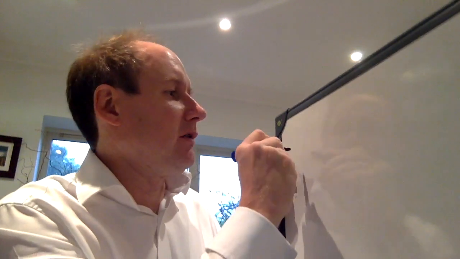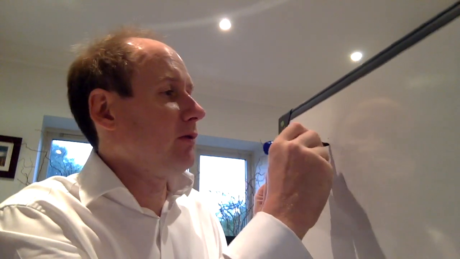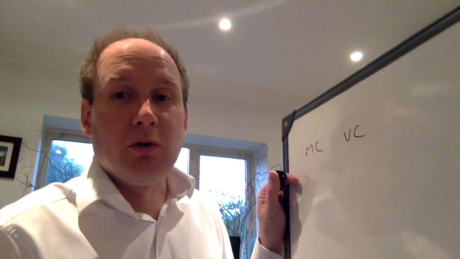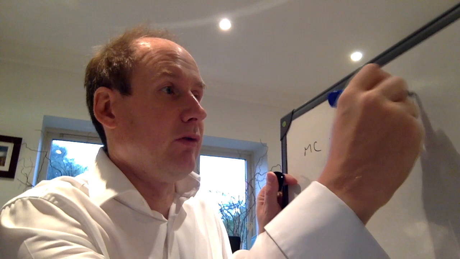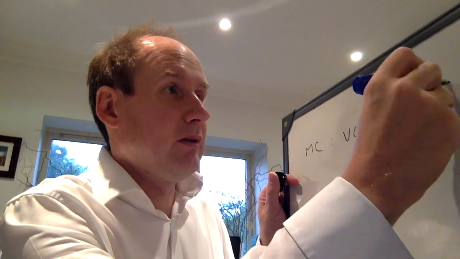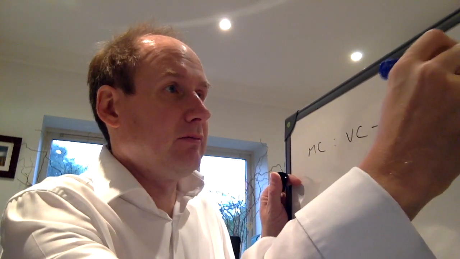Okay, where we left off last time was we talked about marginal cost. So what we know so far is that marginal cost is a type of variable cost, because variable costs are those that increase in total with output as output rises.